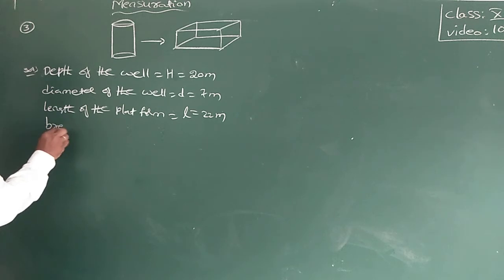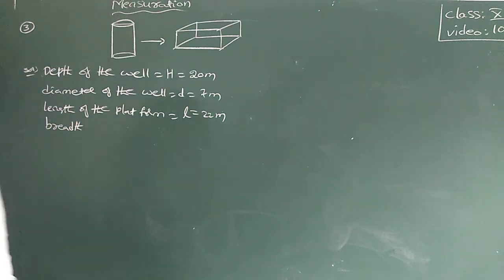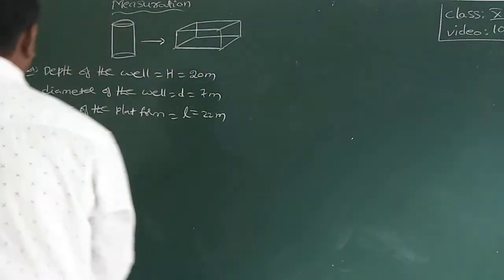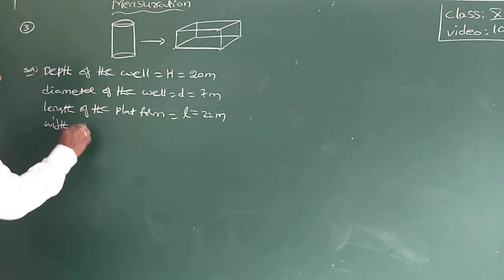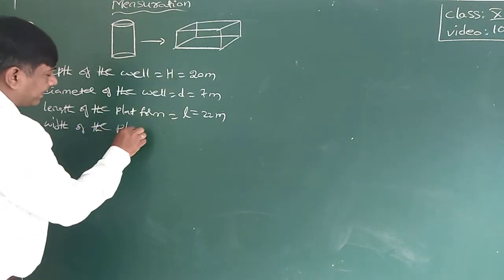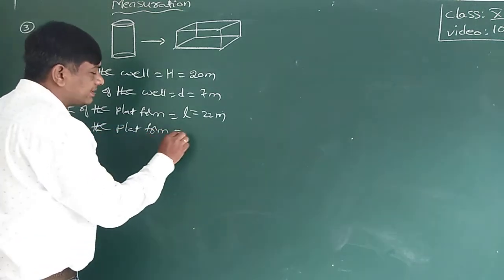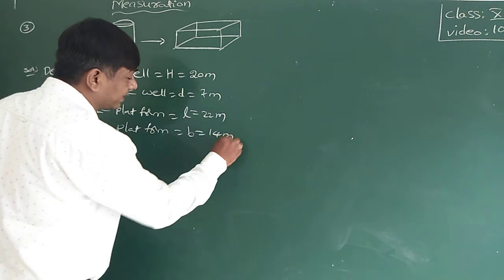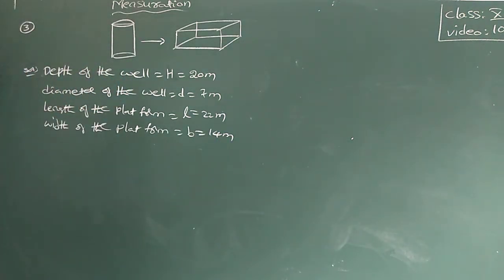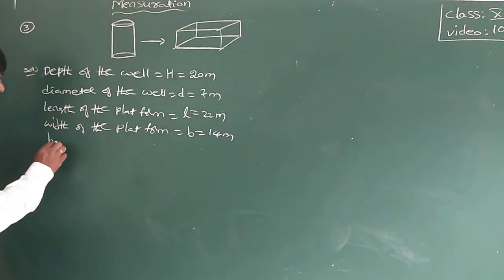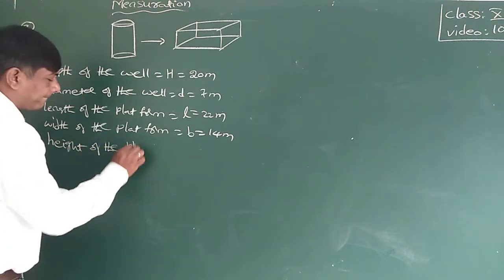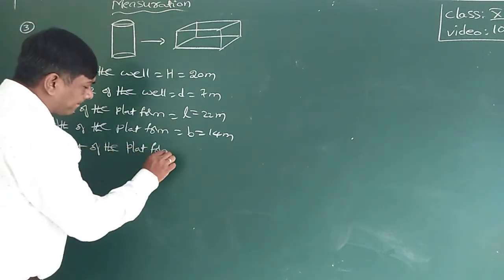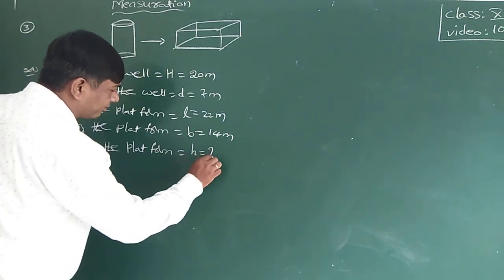and breadth of the platform or width of the platform is equal to B is equal to 14 meters, and they asked: find the height of the platform, that is H, we have to find out.